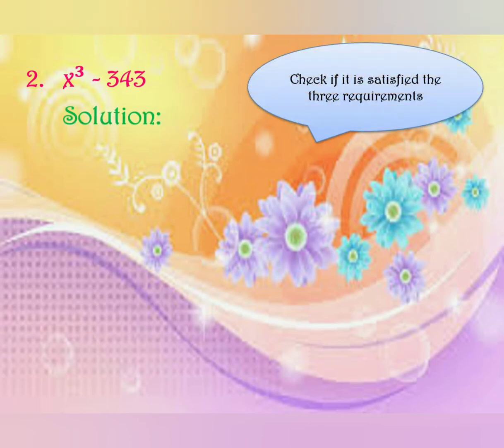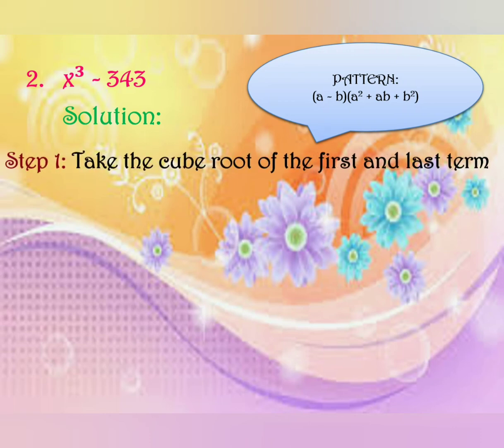Number 2, x cubed minus 343. Solution. Check if it satisfies the three requirements. Since it does, we can now use the pattern quantity a minus b times quantity a squared plus ab plus b squared. Step 1, take the cube root of the first and last term.